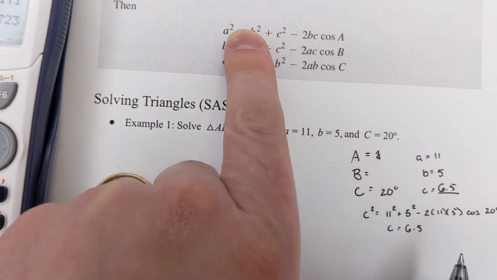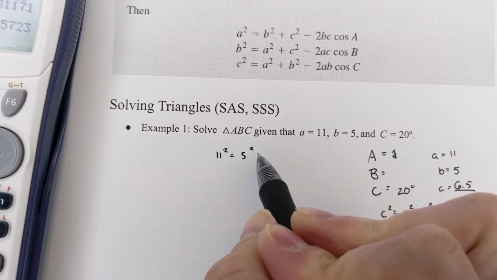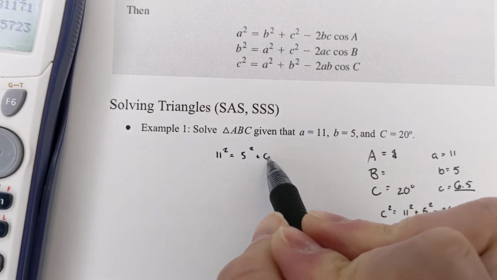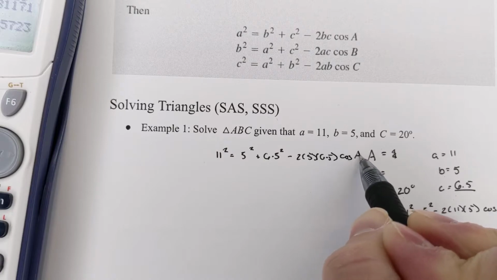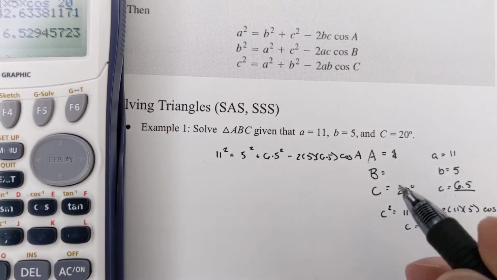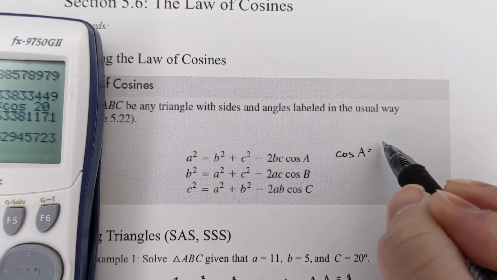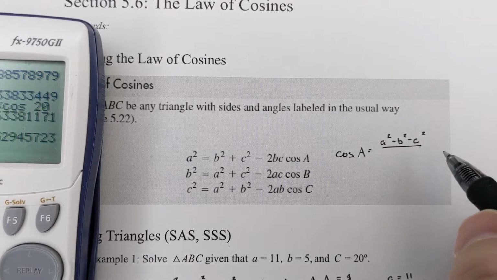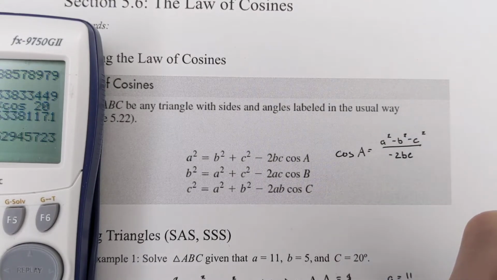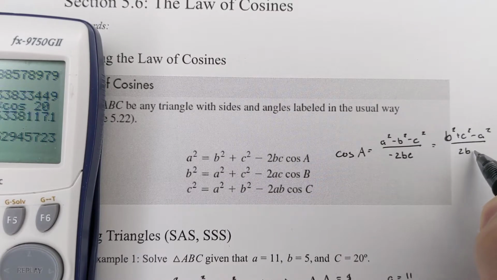This is the equation that has angle A, so I'm going to use it: a squared equals b squared plus c squared minus 2 times b times c times the cosine of angle A. Algebraically, we can jot this down up here: the cosine of any angle is equal to, or if you don't like all these negatives, b squared plus c squared minus a squared over 2bc.